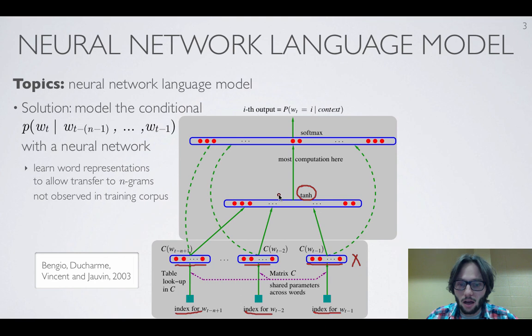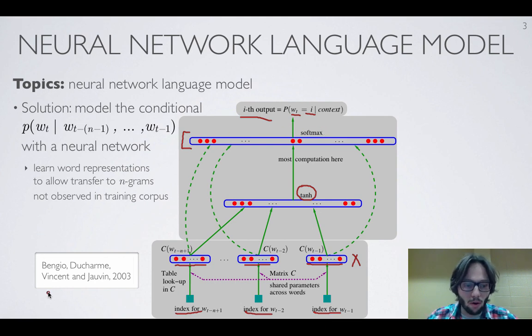And then to get an output, we just multiply that hidden layer by the connections between the hidden layer and the output layer, and then apply a softmax nonlinearity to get at the output the distribution for the next word. So the i-th element in that output layer here is going to be the probability that the next word w_t is the word with ID i.